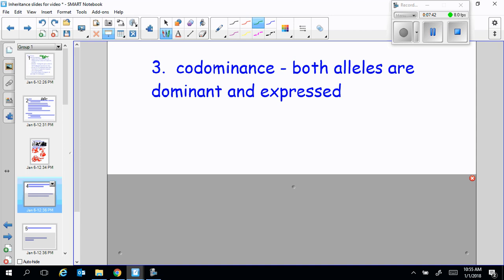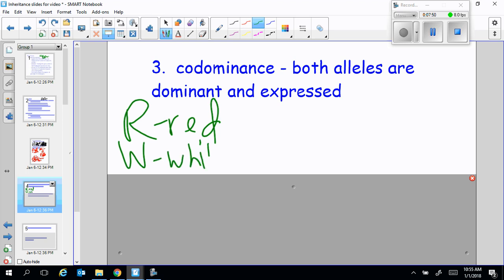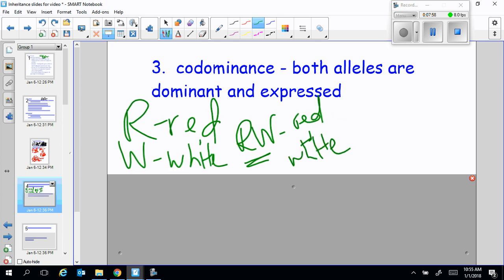So with codominance, let's say R will give me red flowers and W will give me white flowers. And if I have an RW offspring, they are both red and white flowers. So I'm sure you've seen some kind of flowers that have petals that are both red and white together. Not pink, they're red spots and white spots, both in one.